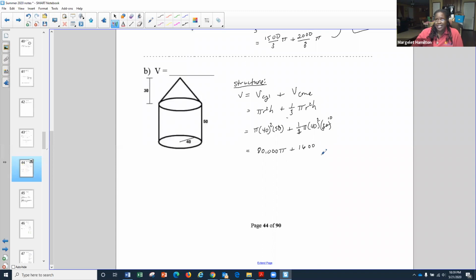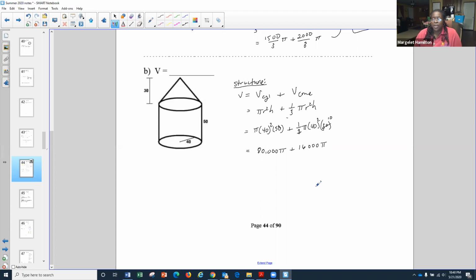Oh, sorry, 16,000 pi. Okay. Double check. If you have some trouble right here and you still didn't get those values, go back right now and re-enter into your calculator, taking your time to see if you get these values.